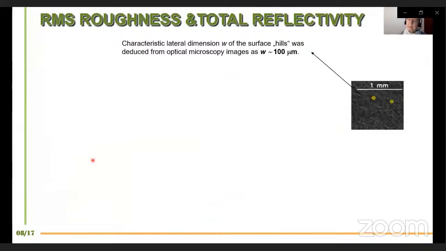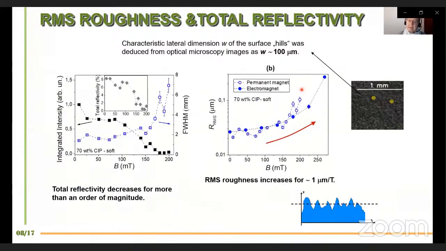From this information about the spread reflection, if we know the lateral diameter of the surface hills that are formed on the surface, and we can get this information from optical microscopy of the surface, we can then calculate the surface roughness.